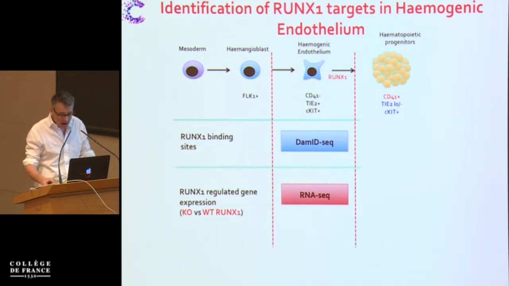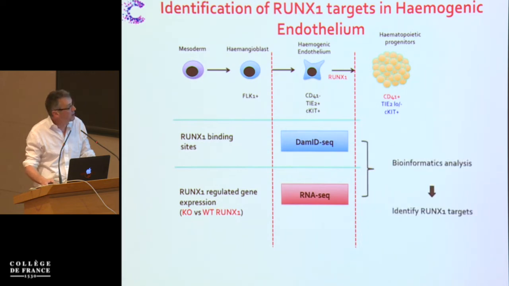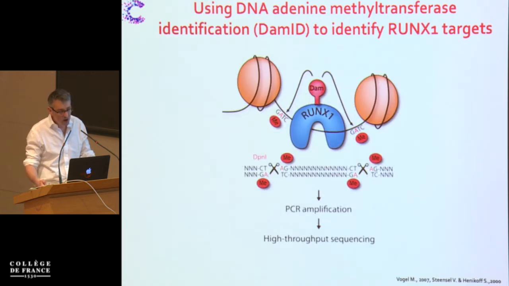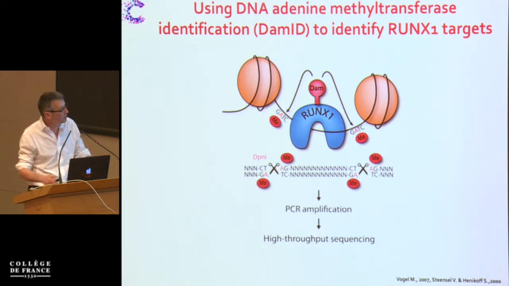And why are we using DamID? What is DamID? So this is an alternative to ChIP-seq, which allows you to work with fewer cells, and you don't need to have a very good antibody. When we did this, it was not really the case to have a good, cheap antibody grade for RUNX1. And this has been developed by the lab of Bas van Steensel at the NKI.